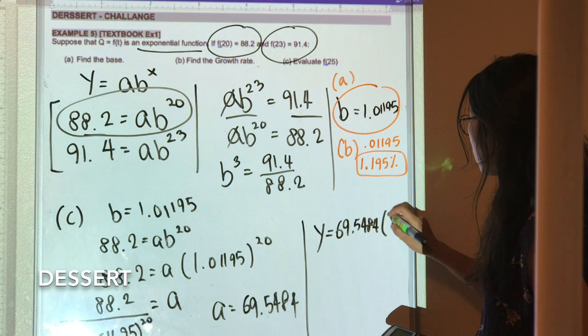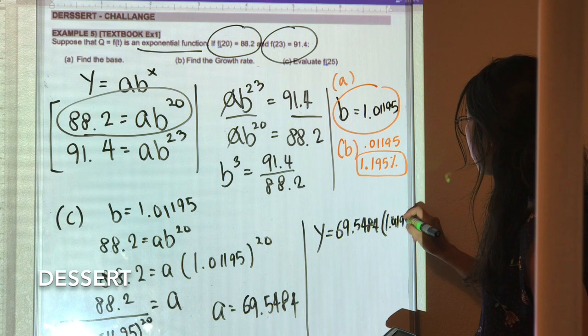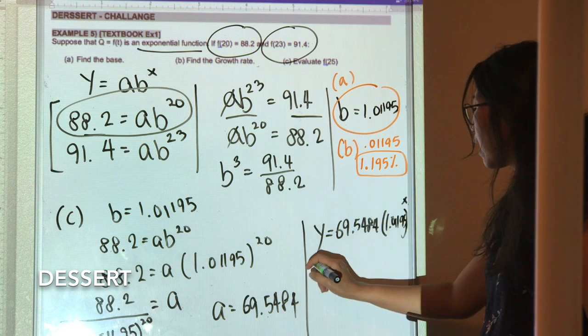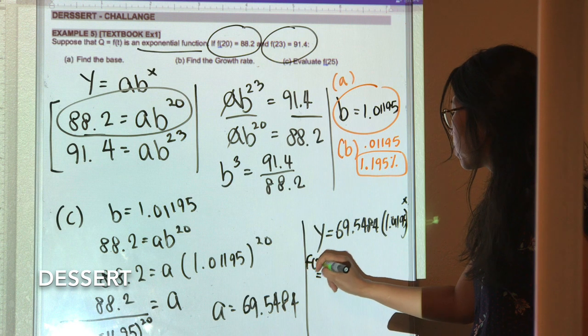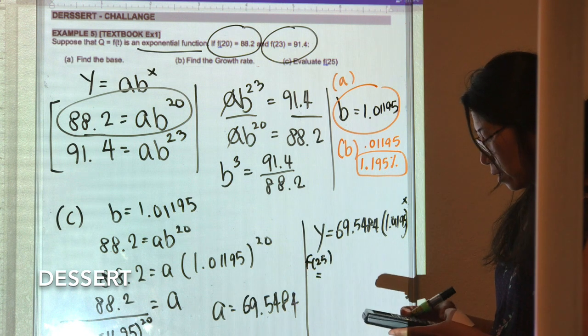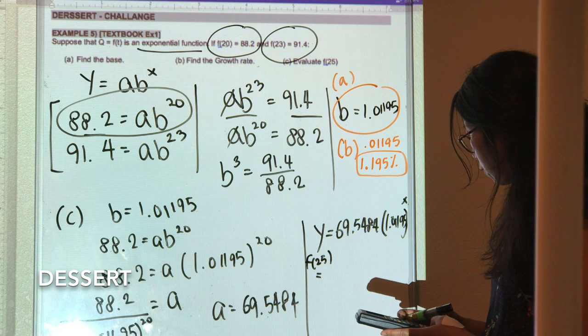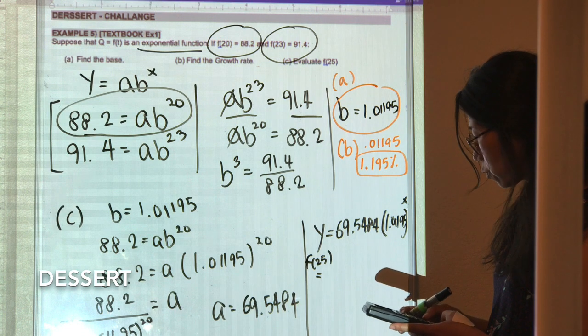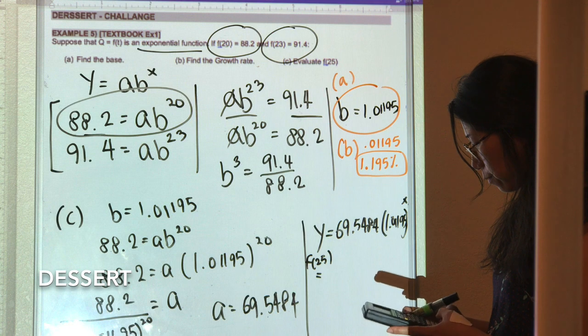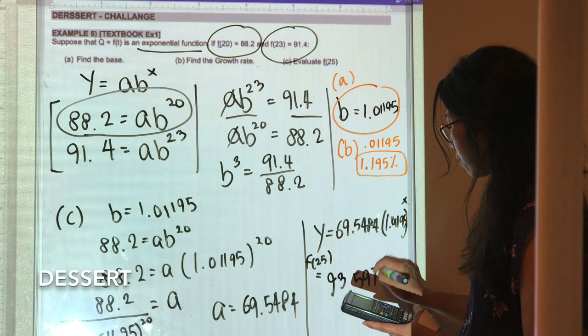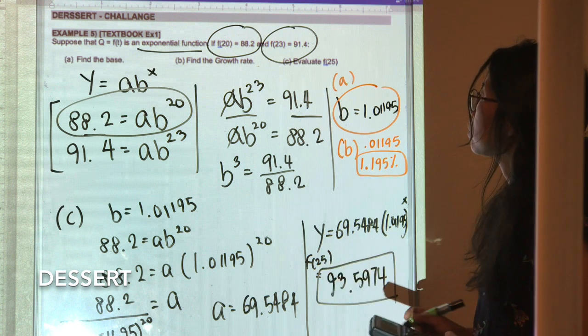So I can rewrite my equation as y is equal to 69.5484 times 1.01195 to the x. So if you plug in 25 here, 69.5484 times 1.01195 to the 25, I get 93.5974 as an answer.